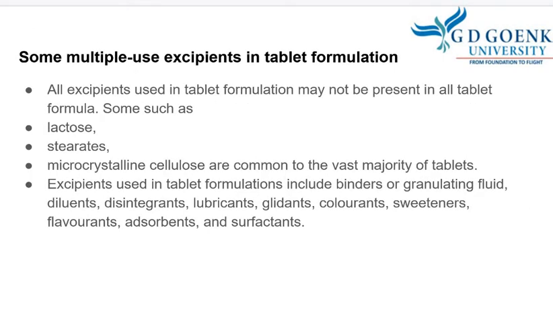Some multiple use excipients in tablet formulation are pre-gelatinized starch, microcrystalline cellulose, lactose, stearates, and hydroxypropyl methyl cellulose. These are certain excipients which can be used either as a binder or as a disintegrant or release controlling polymers also. We will see that later.